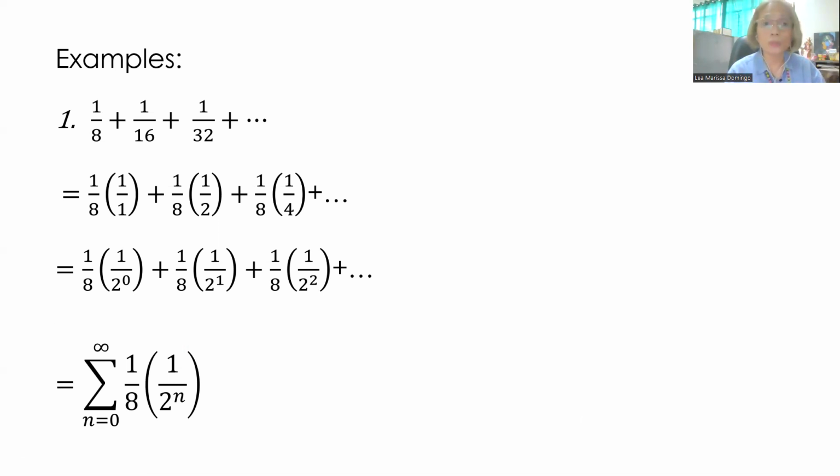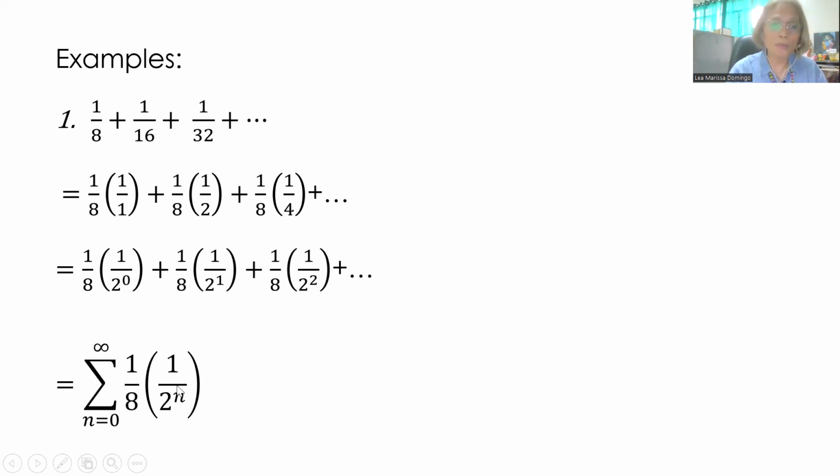Anything raised to 0 is 1. So, 2 raised to the 0, that's 1. 2 raised to the first power, that's 2. And 2 raised to the second power, that's 4. So, we notice now a pattern, no? 2 raised to 0, 2 raised to the first power, and 2 raised to the second power.